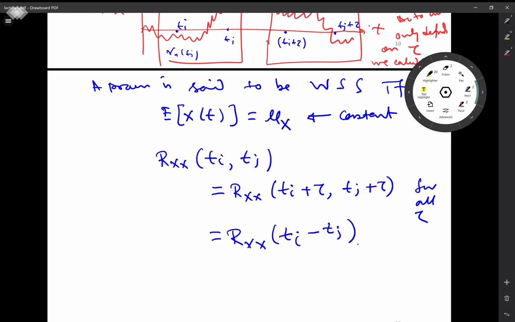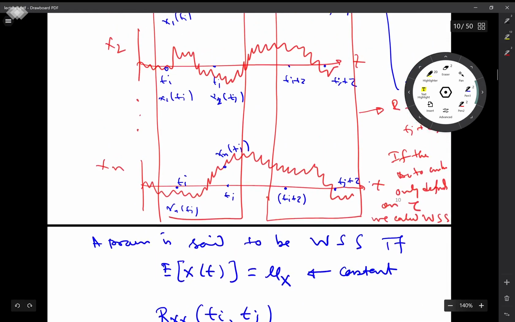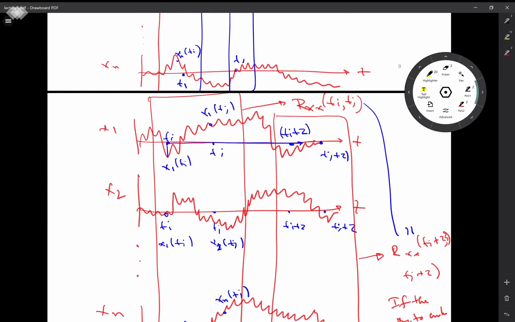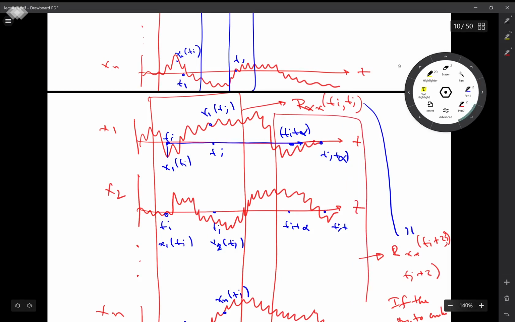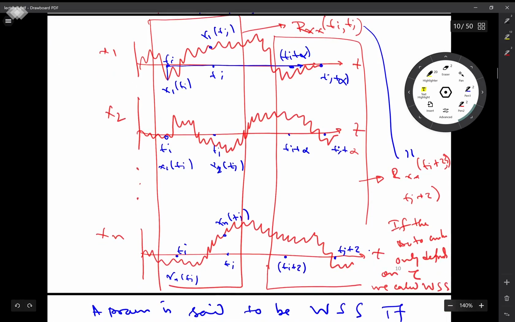So let's do one thing. Don't call it tau, because tau we generally take for something else. You write, say, alpha. So Rxx ti comma tj equals Rxx ti plus alpha comma tj plus alpha, for all alpha.